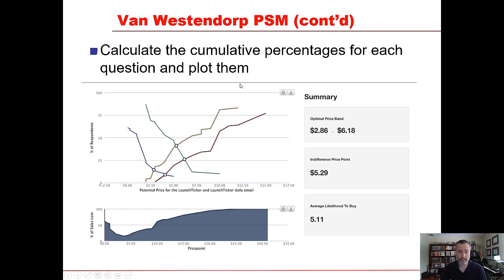But basically you're going to end up with a chart with 4 lines, 2 that go from high left to low right, and 2 that go from low left to high right. So they cross, they intersect. And it's from those intersections that we determine the answers to our questions about pricing.